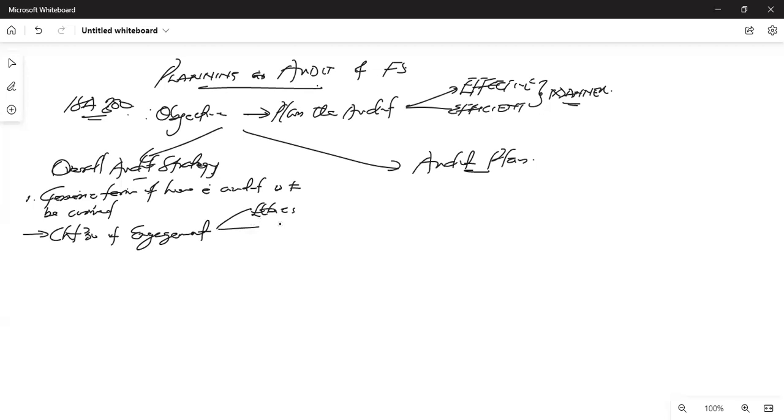You will also see the scope. You have to know the scope. What scope are you going to do? On what grounds are you going to do the audit? Let's say the financial reporting framework. That is the scope that you are going to do the audit.